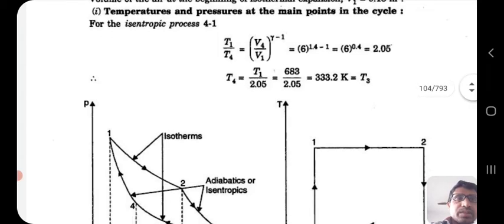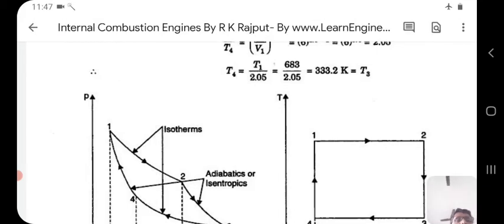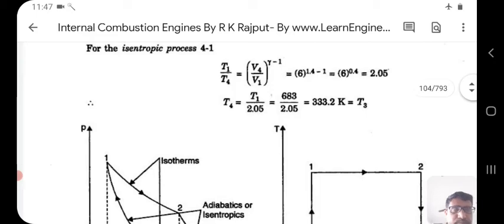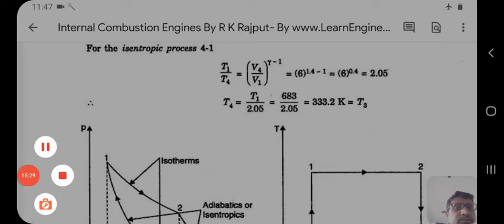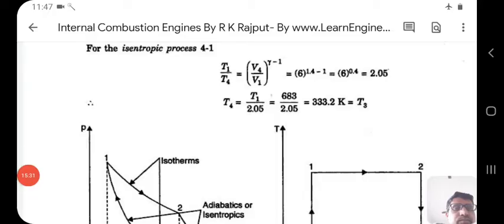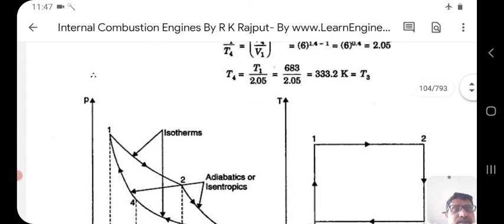Temperature and pressure at the main points in the cycle. T1 by T4 is equal to (V4 by V1) whole to the power gamma minus 1, that is equal to 6 to the power 1.4 minus 1, so 6 to the power 0.4 equal to 2.05.